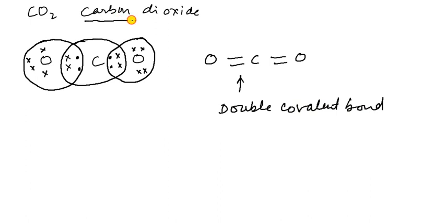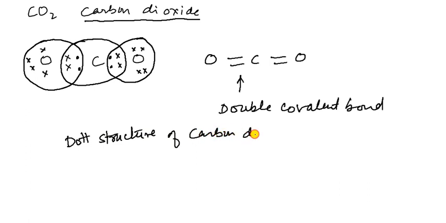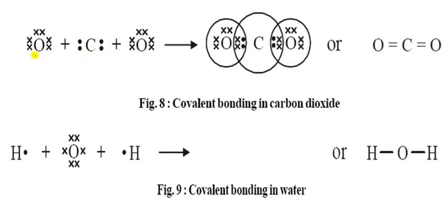Carbon is also sharing these electrons like this, and they form a double covalent bond like this. So these are the double covalent bonds, and it is the carbon dioxide structure. It is called the dot structure of carbon dioxide.